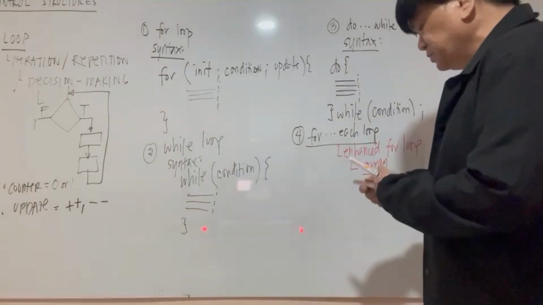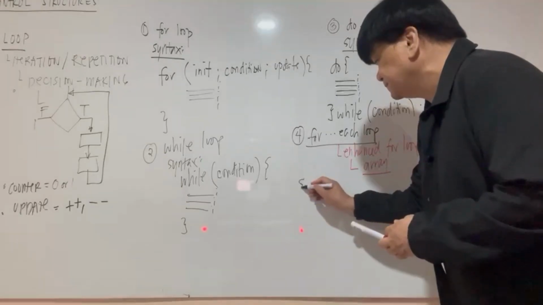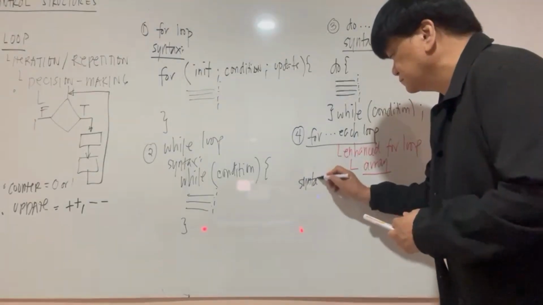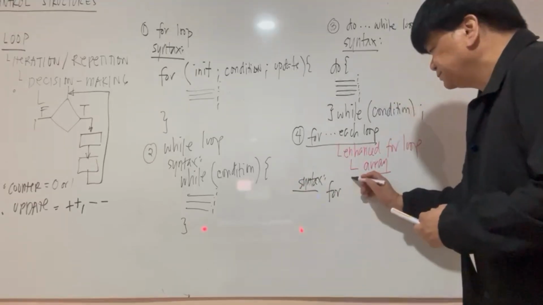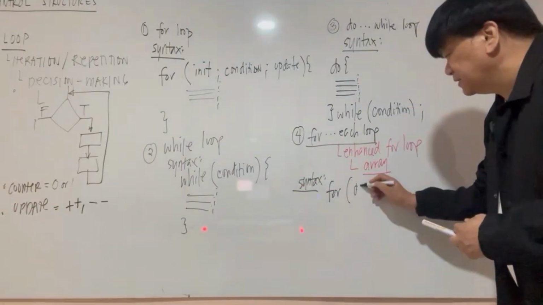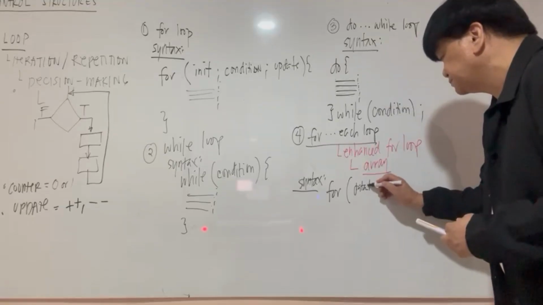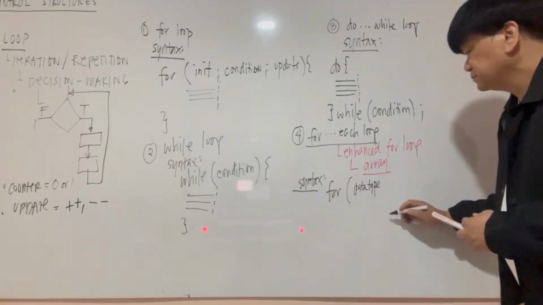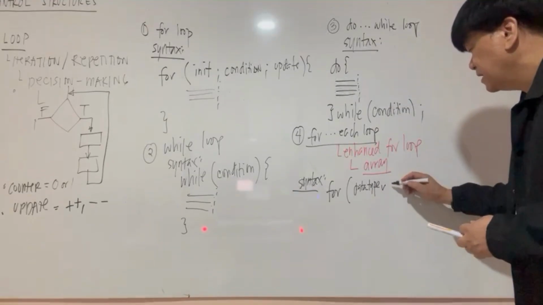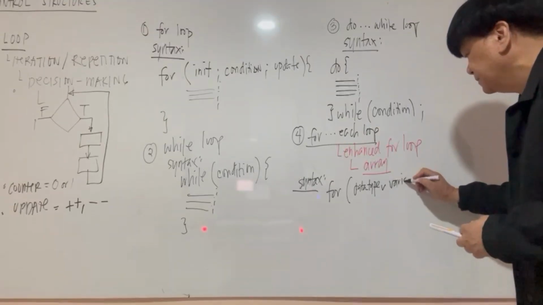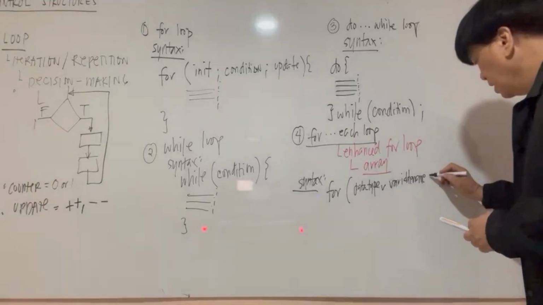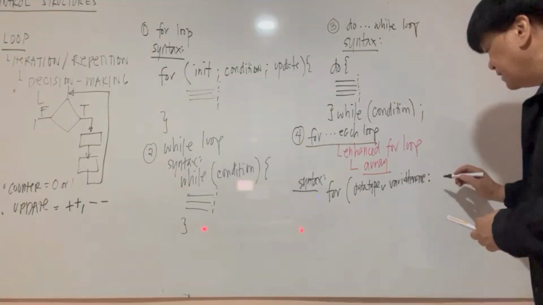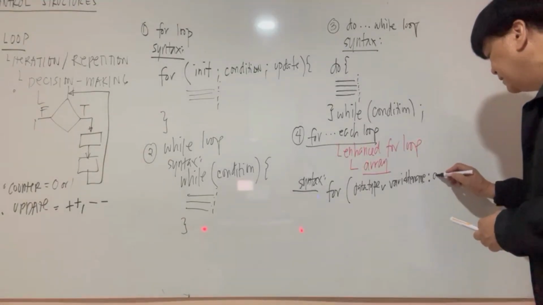Now, the syntax for this one is you have there for, then you have the data type, then space, then you have there the variable name, colon, and then followed by the array name.